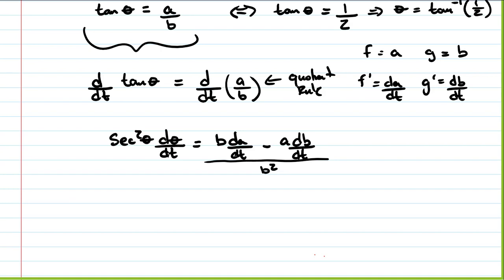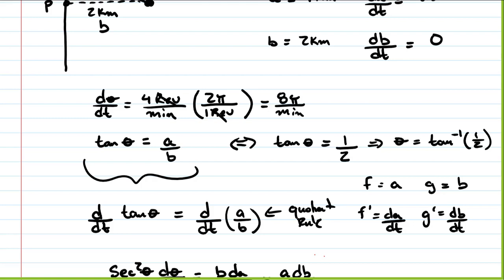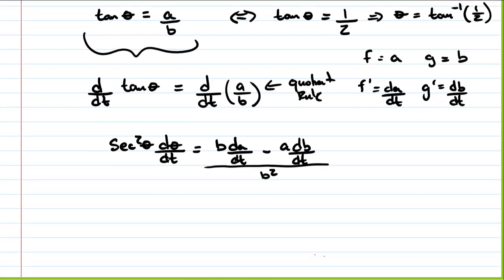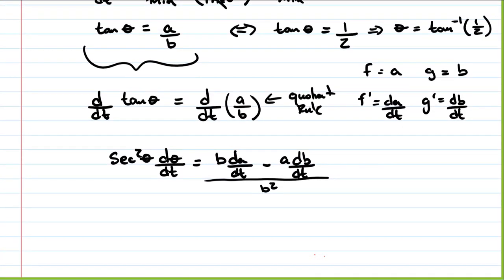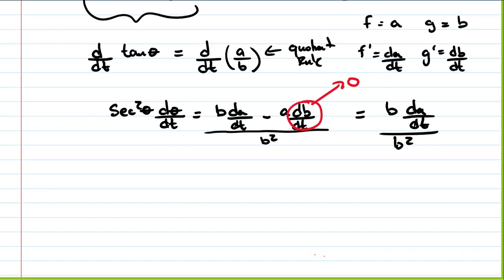So then we know that dB/dt is 0, right? So this is going to reduce to B dA/dt divided by B squared.